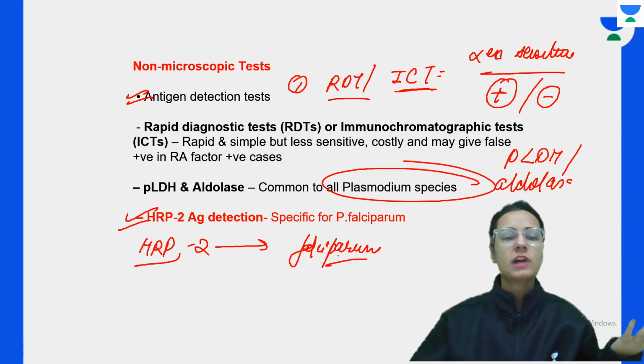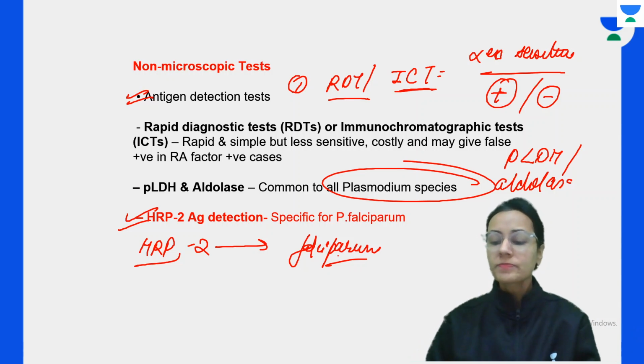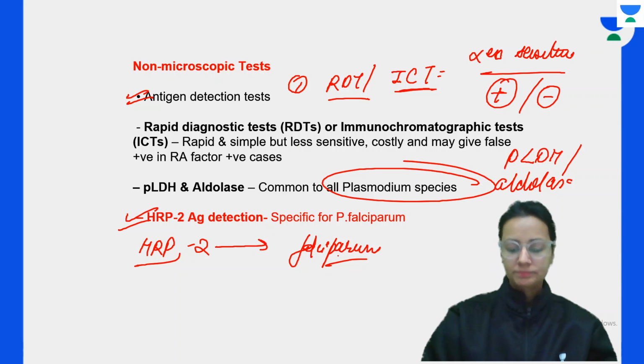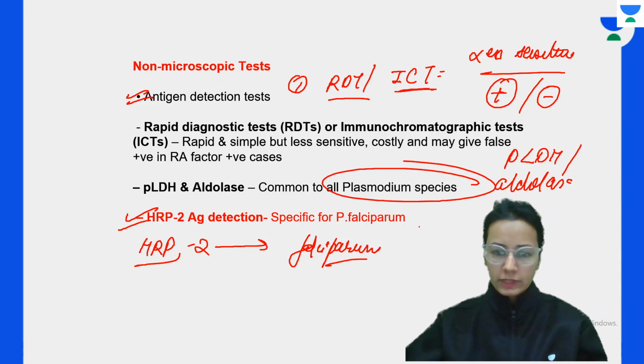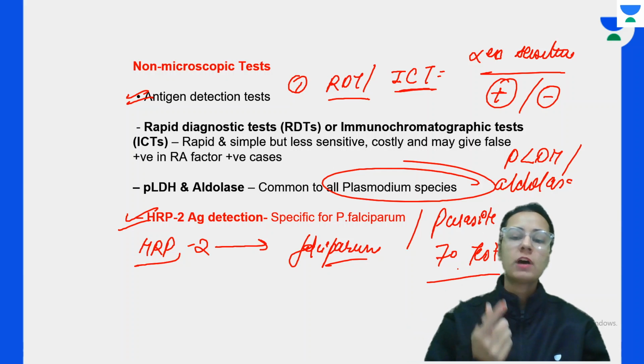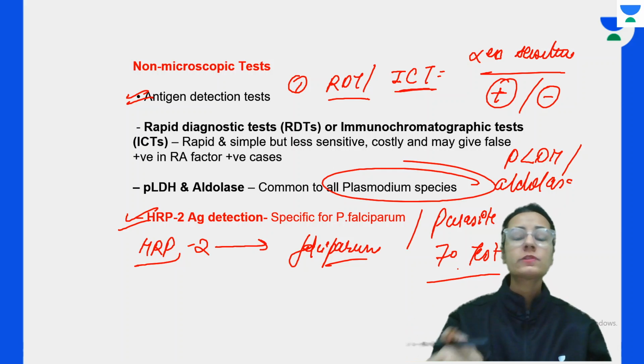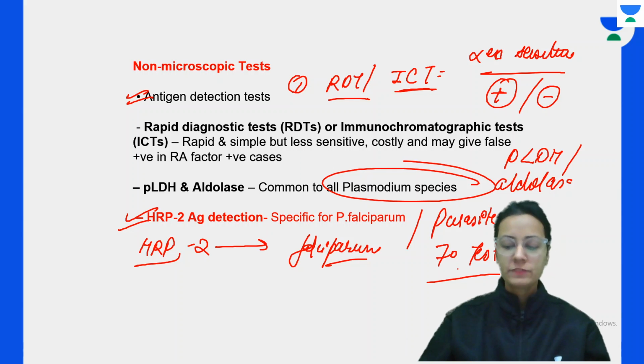But the HRP2 antigen, that is histidine rich protein, is found only in cases of Plasmodium falciparum. And this is also known as the parasite F test, that is the parasite falciparum test, because histidine-rich protein 2 is found only in falciparum, not in other Plasmodium species. Therefore, it is also known as the parasite F test.